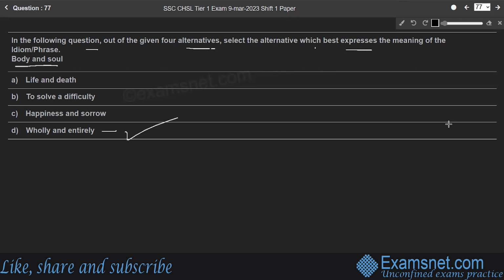Right? So here, option A, life and death, it refers to the extreme of morality, and does not convey the meaning of being completely devoted or dedicated to something. Right? Here, body and soul means completely devoted or dedicated to something.